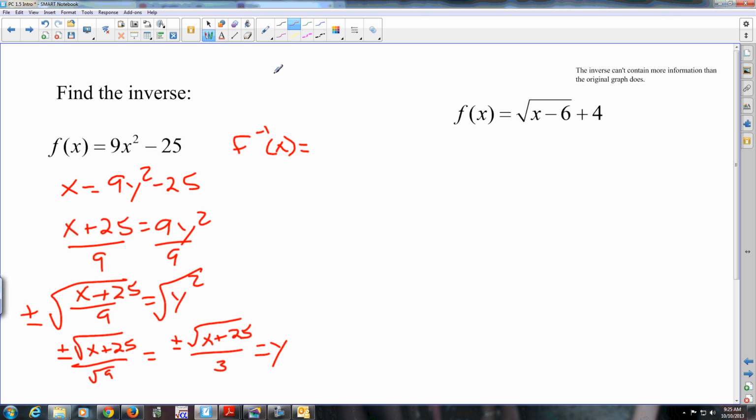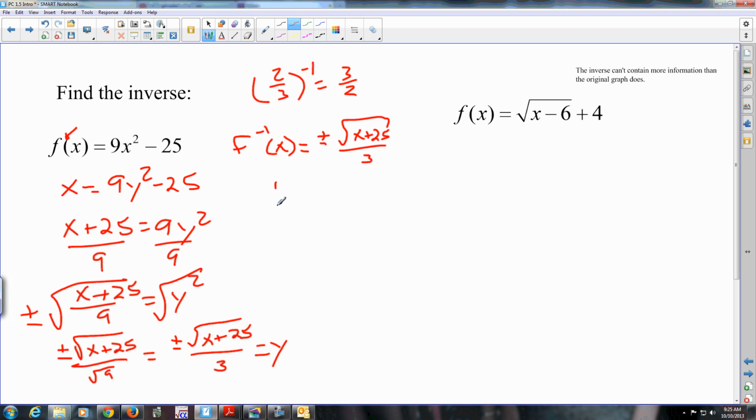I know you guys know 2/3 to the negative 1 is 3/2, but this means reciprocal when it's placed between the name of the function and the parenthesis. It denotes inverse, not reciprocal. So f inverse of x is plus or minus the square root of (x plus 25) over 3.